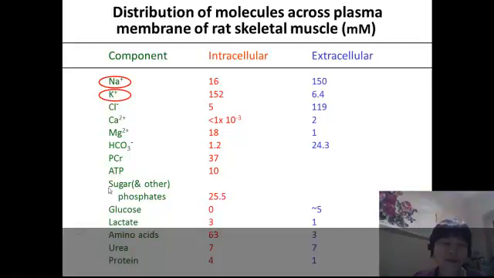And sugar is an important metabolic substrate. So within the cell you have a high concentration of phosphate sugar in other forms, but glucose is zero. Extracellular, you have 5 millimolar glucose.